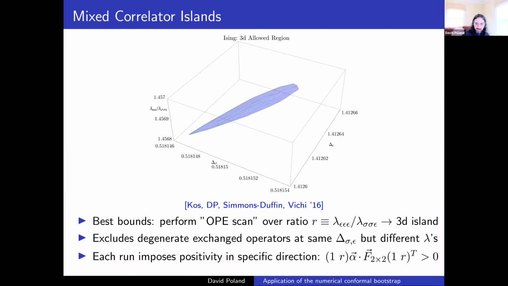But if you input a specific value, then you exclude a large class of degenerate solutions. So this actually cuts down, if you project this three-dimensional island into a two-dimensional delta sigma, delta epsilon plane, you get a smaller two-dimensional projection than if you hadn't done this OPE scan at all. So I wanted to mention that's one thing that's very useful to do in order to shrink the island more. This helps get you another order of magnitude.